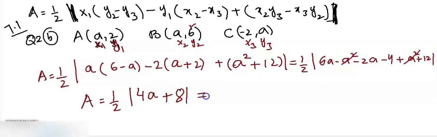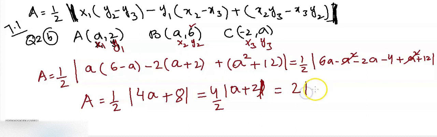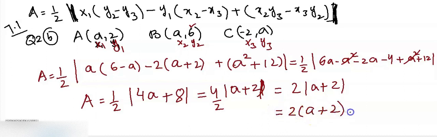So you can take 4 common and you get a plus 2, and then absolute divided by 2, which is basically 2 times absolute of a plus 2. So if a is positive, specifically you can write a plus 2.